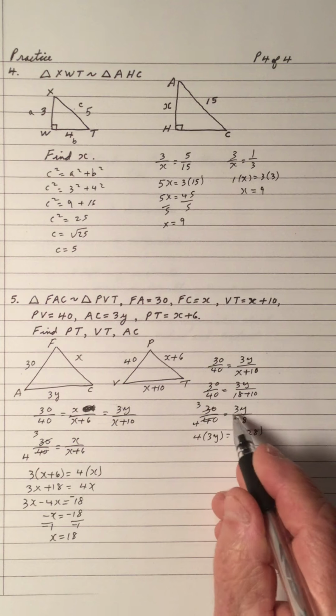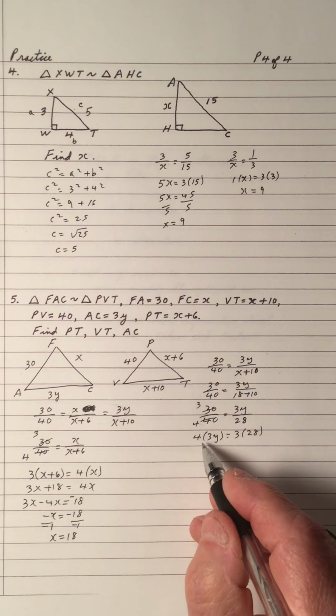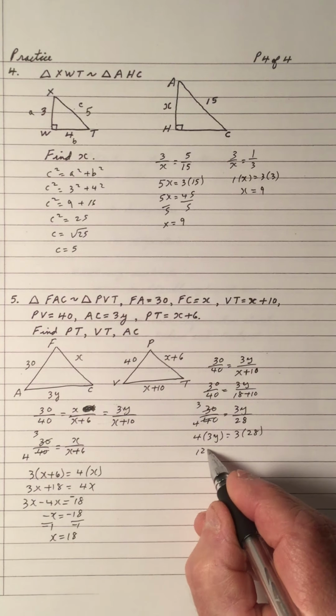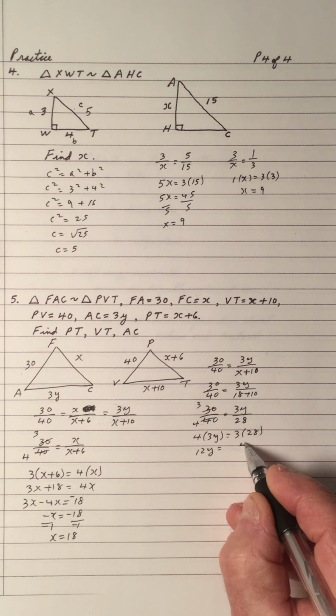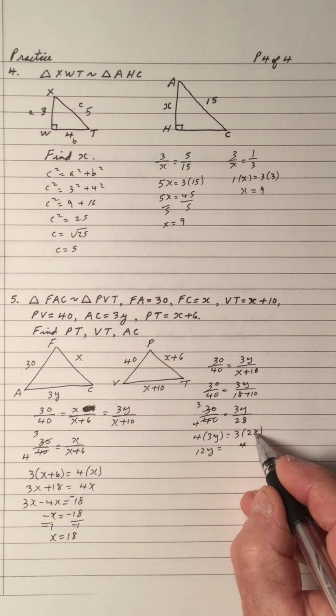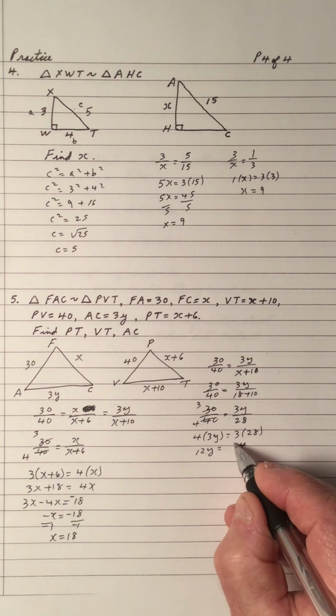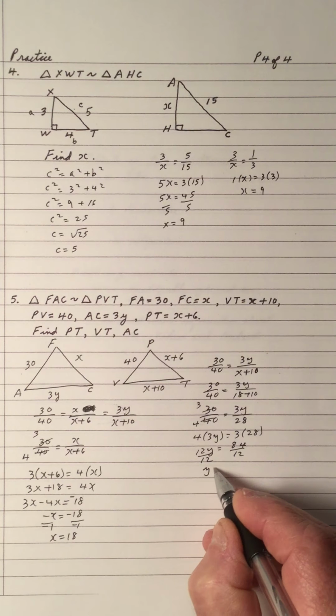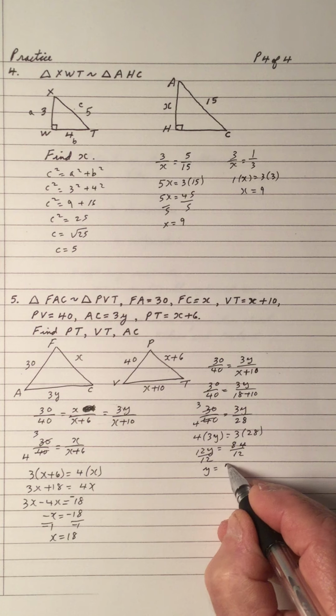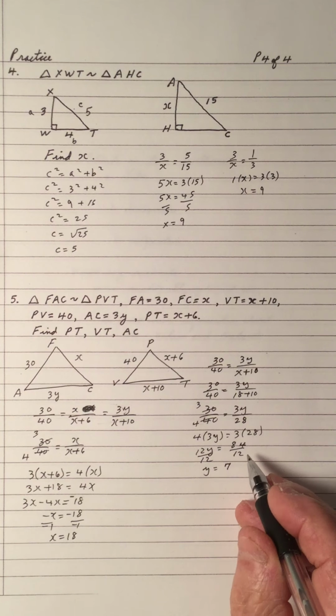The reason I did these two first is to keep the variable on the left. So 12Y equals 3 times 28 is 84, divided by 12, and that's a 7.